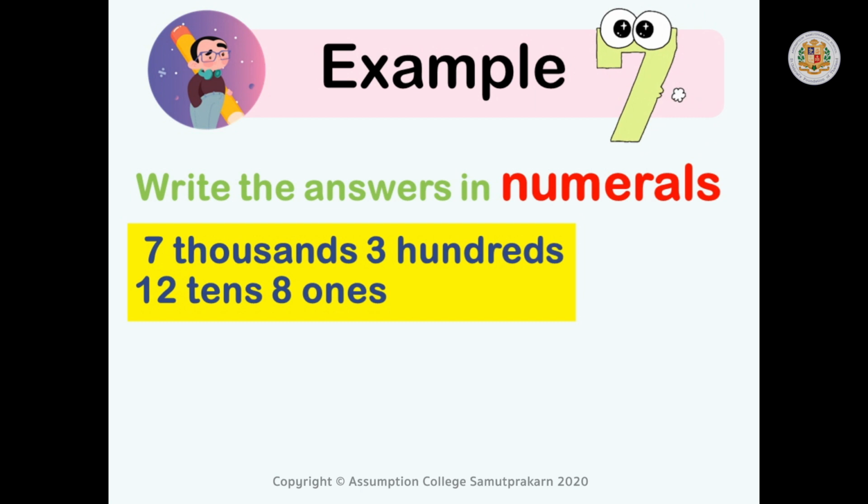And then 8 ones. Yes, there are no zeros in 8 ones. So it's only digit 8. Add these values to get the number in numerals. Check your answer.